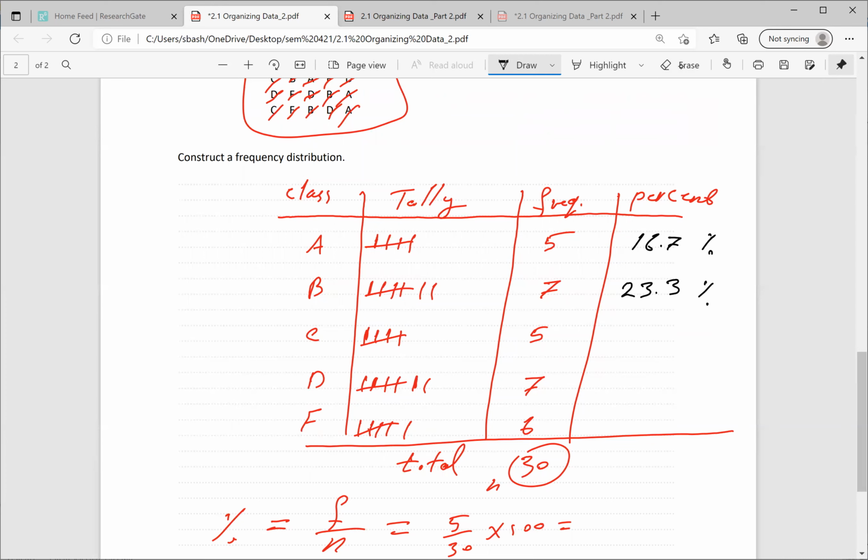Next one, 5 divided by 30, which is 16, found it before. Next one, 7, that will give me 23.3%. And the last one is 6 divided by 30, which is equal to 20%.